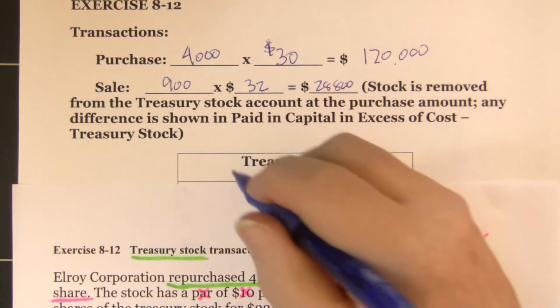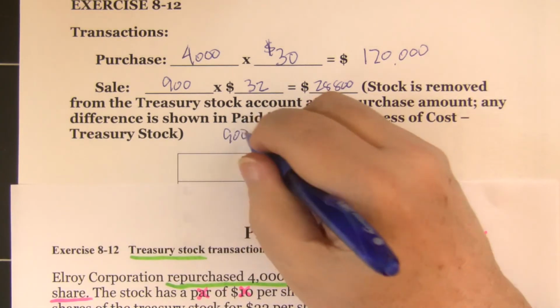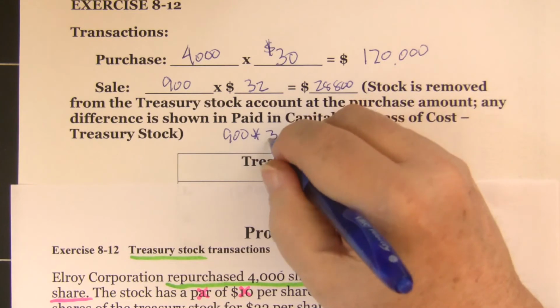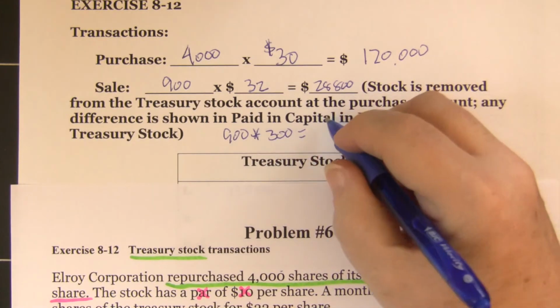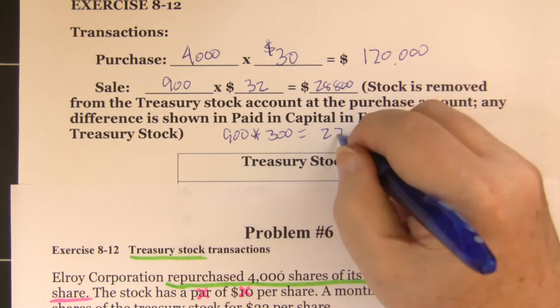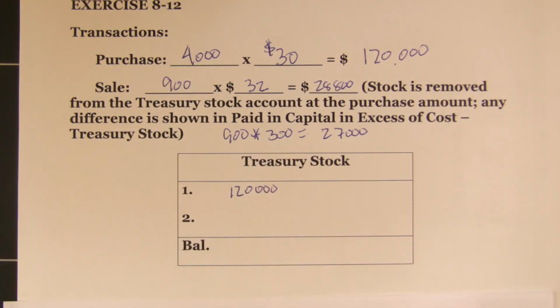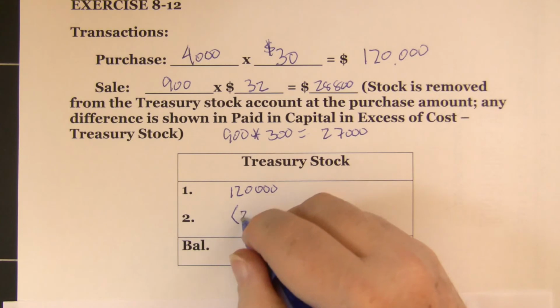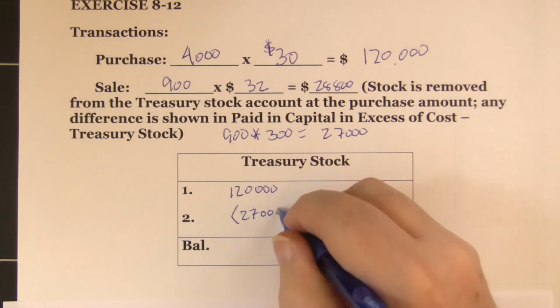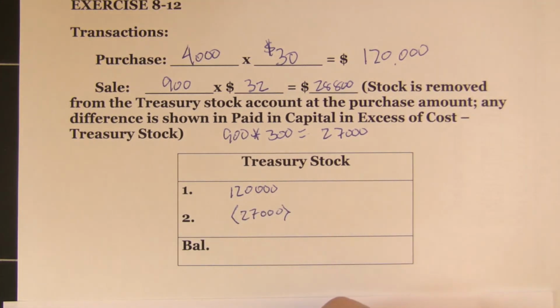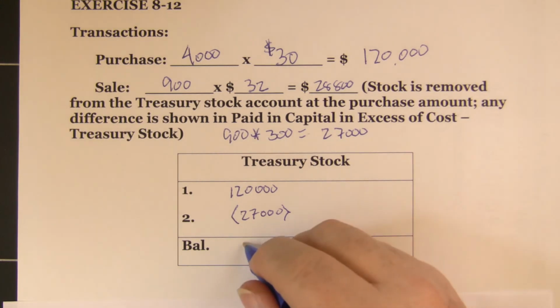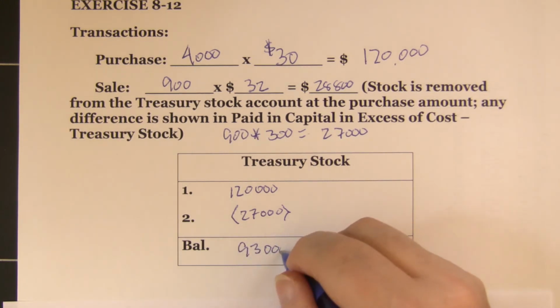So we're going to remove 900 shares at $30 a share. That's 27,000. So that's how much is coming out of the treasury account, leaving us a balance of 93,000.